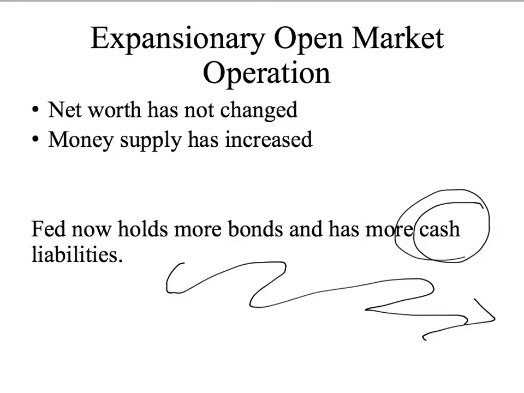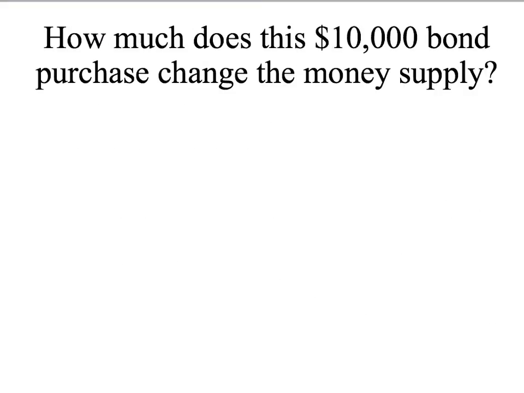Okay, so how much does this $10,000 bond purchase, our open market operation, change the money supply? So here we go back to our equation that we had before. I'm going to abbreviate because it's difficult to write with this program.